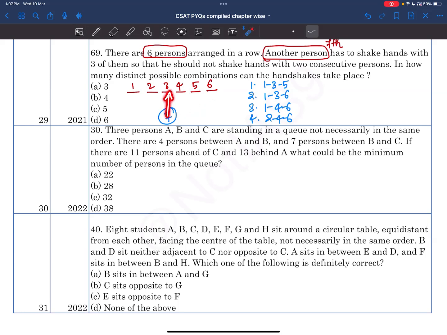Now if we take 3, we can't take 4, so 5, and 5 and 6 are consecutive. So only 2 options are coming. That means we are exhausted with the possibilities. That means there are 4 combinations possible to shake the hands.